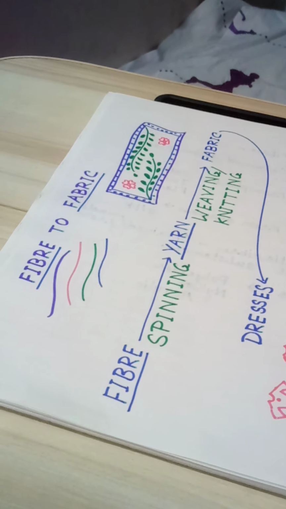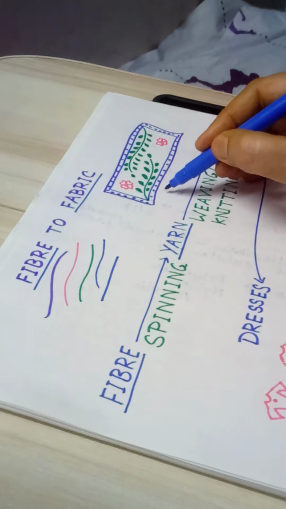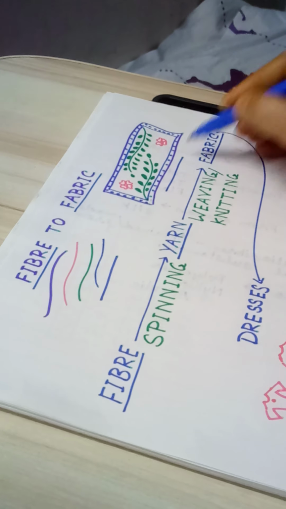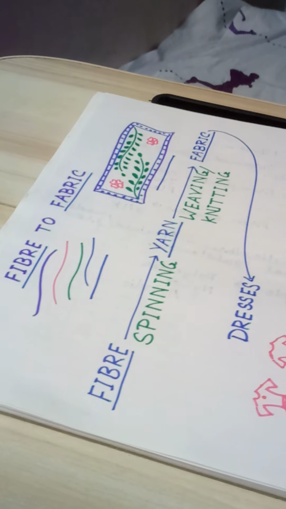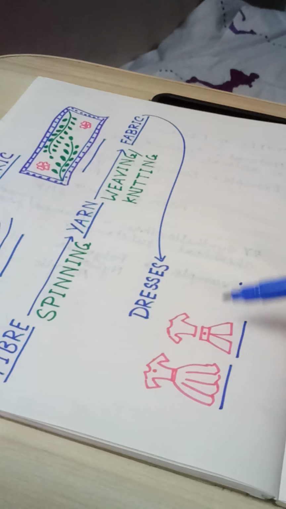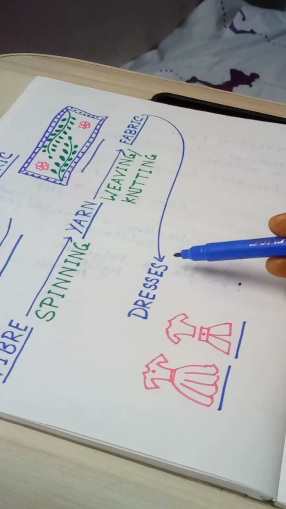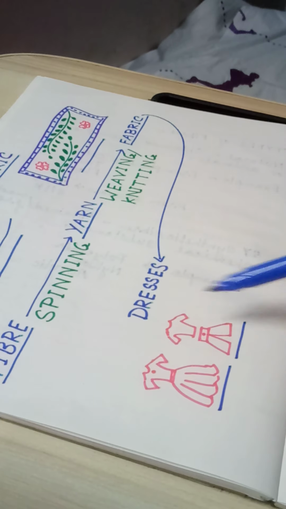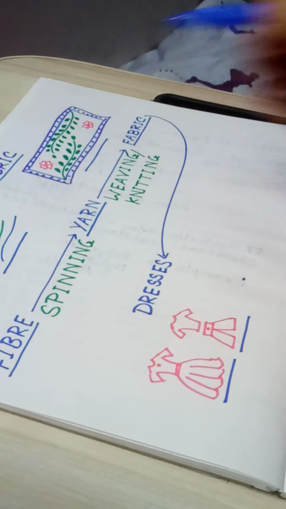These two processes make the fabric. So fiber is these thin strands, and fabric is this dress material. And this fabric we turn into dresses, various types of dresses. The dress material may be bought ready-made, or we can give the measurement and it can be made accordingly. So, fiber to fabric.